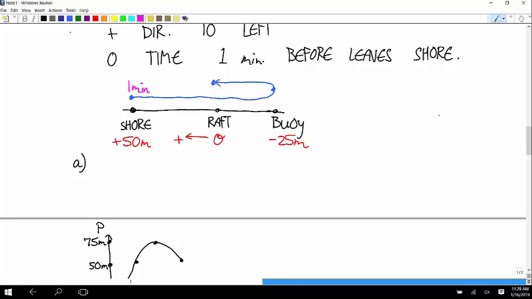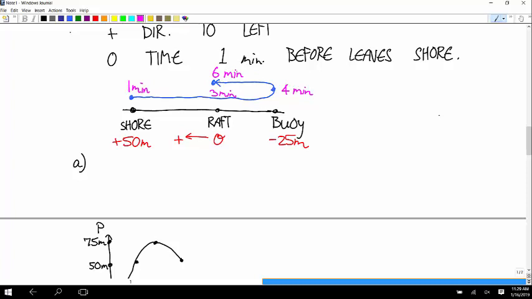So what's the label when the swimmer's at the raft? 3. Then 1 minute to get from the raft to the buoy. So what's the label at the next point? 4, yep. And then 2 minutes to get from there to the raft. So 6, yep.